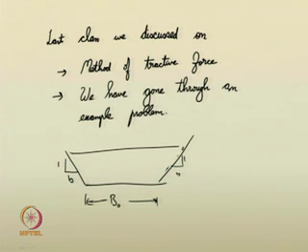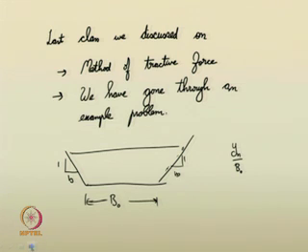So, we have seen clearly through that example problem how the side slope was changed, and we also suggested that you can change the ratio y n by b 0 and see how the discharge is getting affected.